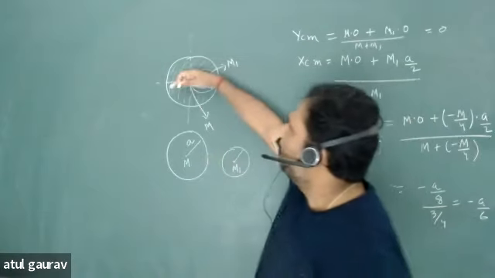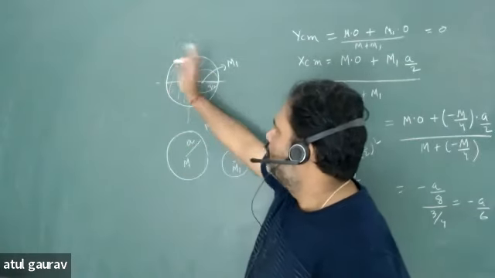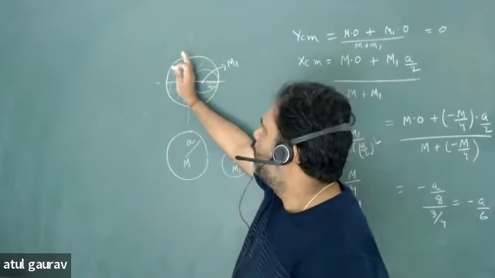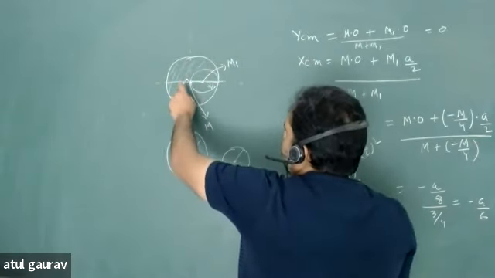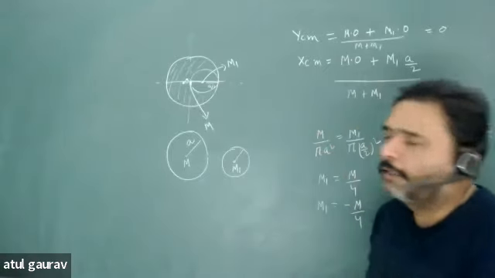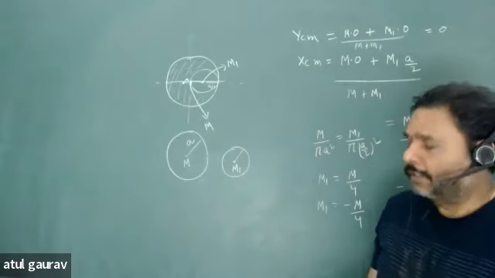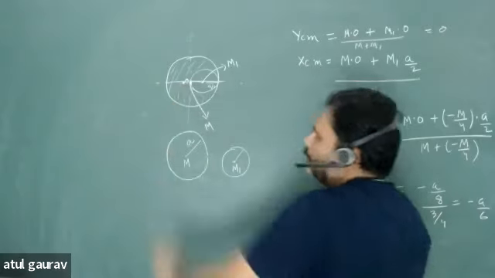If you put a mirror there, you will get exactly the same thing. But if you put the mirror at this point, you will not get exactly the same thing, and hence you can find this is your, sorry, this will be your basically center of mass.